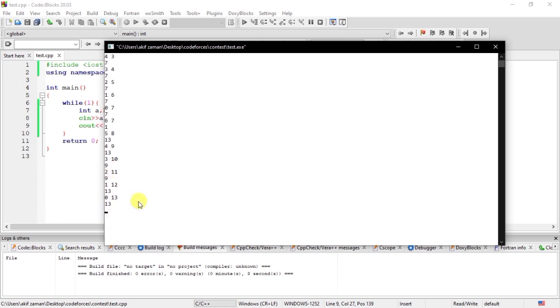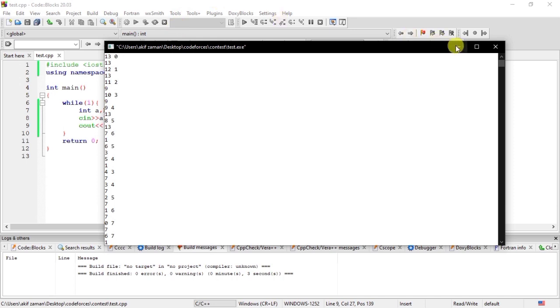But if we see how we can get 13, this gives us a 13. 0 and 13 gives us 13, 1 and 12 gives us 13, 4 and 9 gives us 13, 8 and 5 gives us 13, 9 and 4 gives us 13, and 12 and 1 gives us 13.